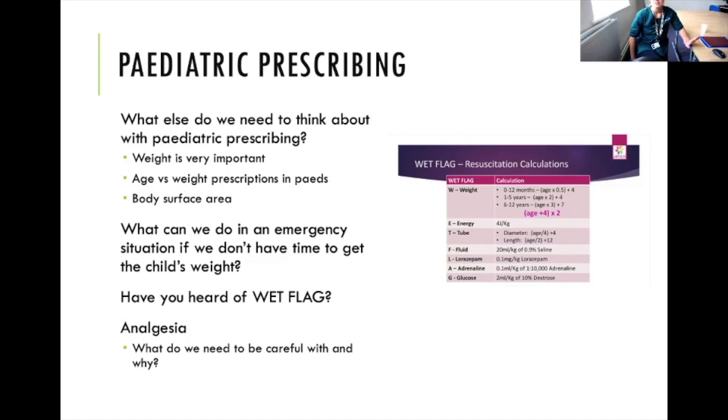In a resus situation, you might not have time to take a child's weight. It's not your priority. So we have some really good things called Spark charts in resus, which basically have all the major resus drugs based on a weight. So you'll go off ideal body weight for that age. And it's got it all laid out, including this thing that you might have heard of, WETFLAG.